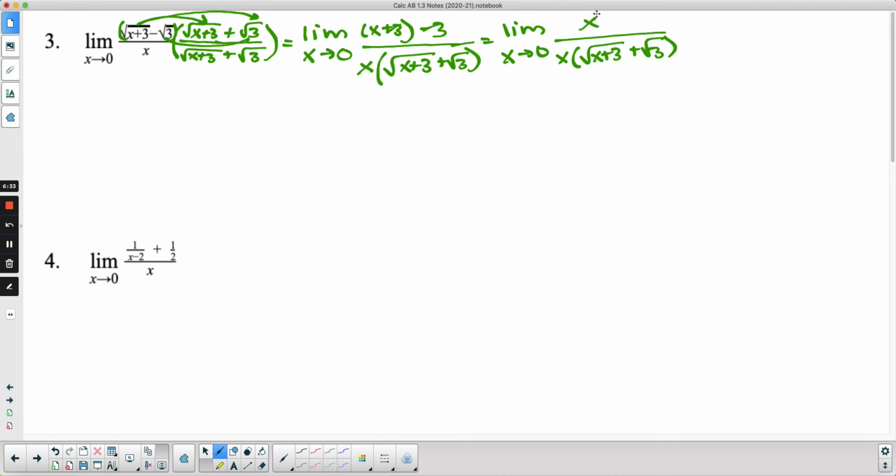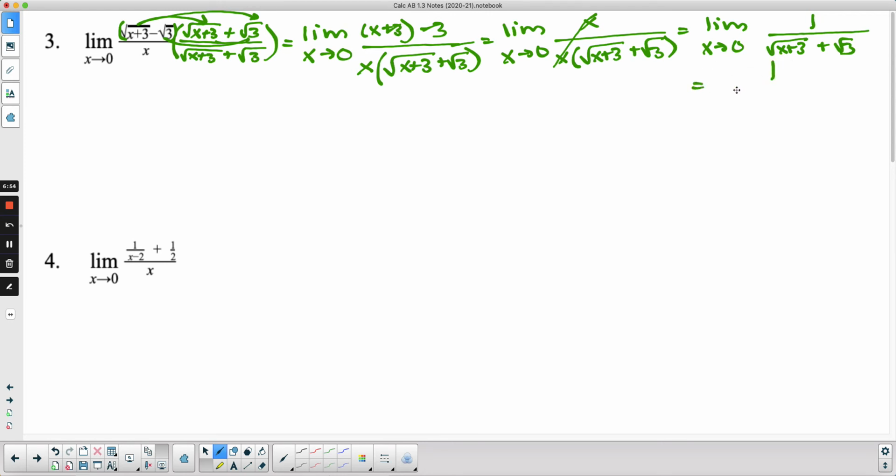Well, and look at that. These x's end up canceling. So we just have the limit as x goes to 0 of 1 over root x plus 3 plus root 3. And then now we're going to try and do our direct substitution.